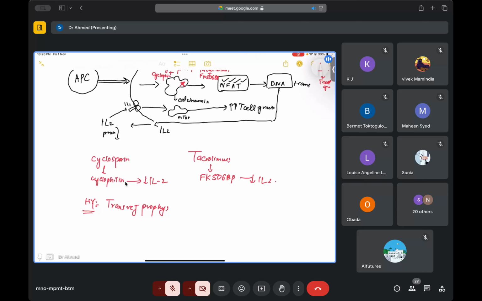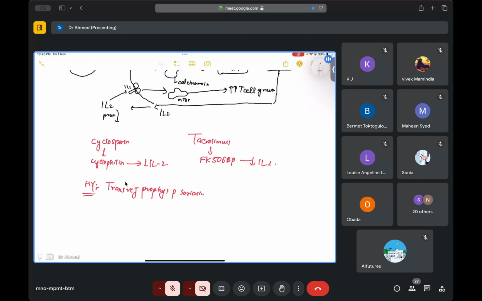You can also give them in psoriasis. But what's the adverse effect? You guys must know that the adverse effect is nephrotoxicity and neurotoxicity. It's going to damage your nephron and neuron.